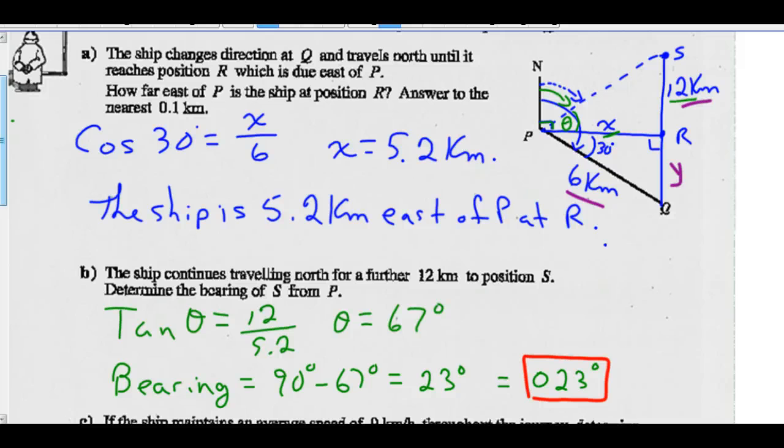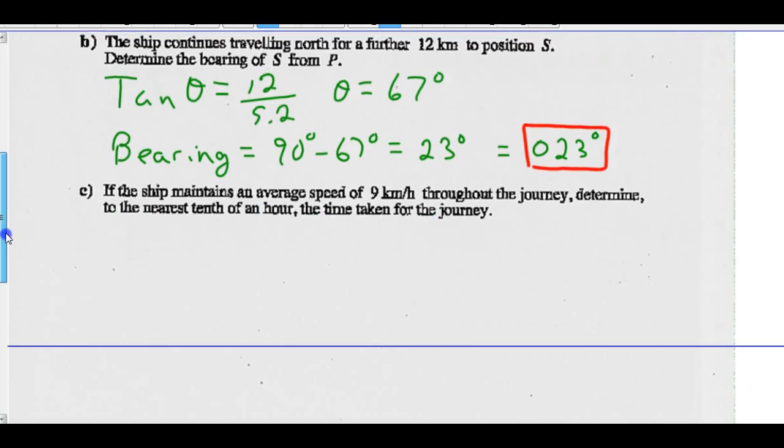So in the triangle PQR, I can solve for y. I know the hypotenuse is 6. I know the angle at P is 30 degrees. So from 30 degrees, y is opposite, 6 is hypotenuse. I'm going to use my sine ratio. So the sine of 30 degrees is opposite y over hypotenuse 6.